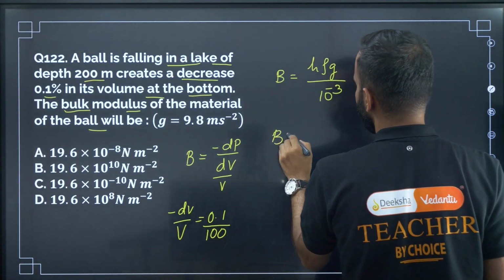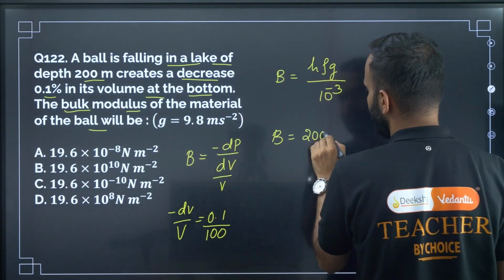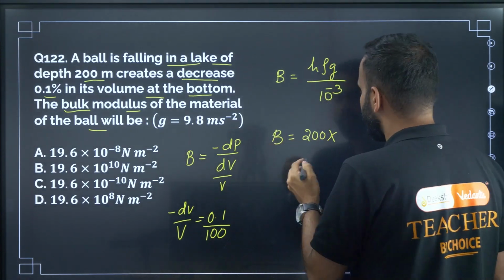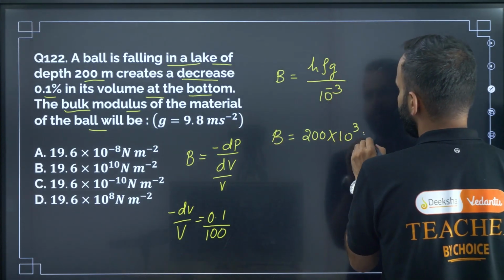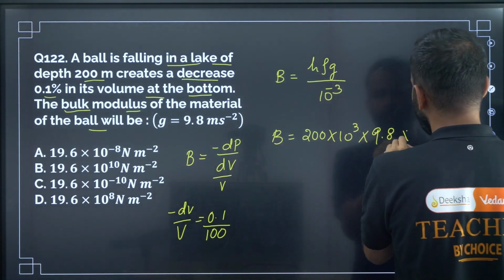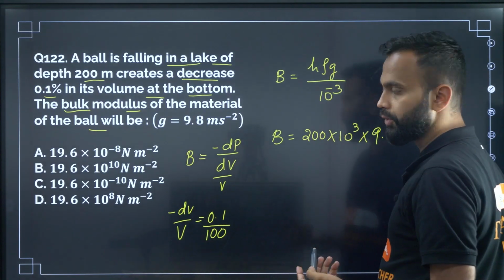So B equal to, h is 200 meter, 200 into rho. Rho is density of the water, so 10 to the power 3 into g. g is 9.8. 1 by 10 to the power minus 3 is 10 to the power 3.